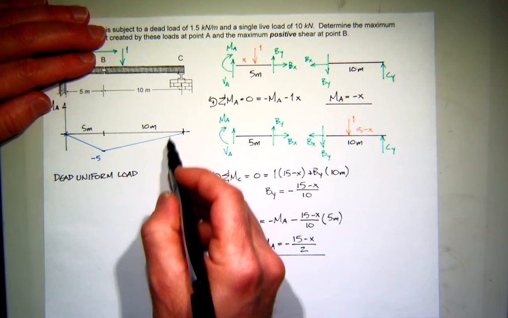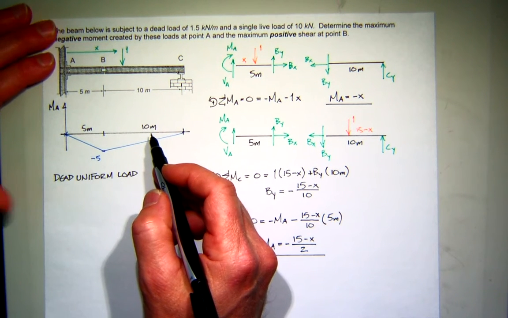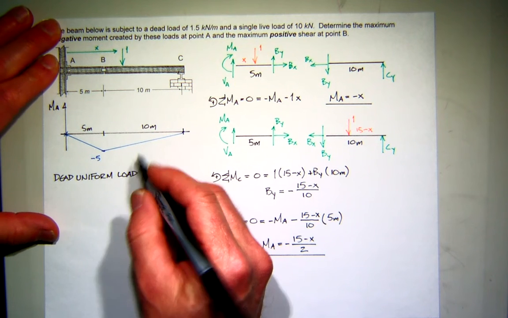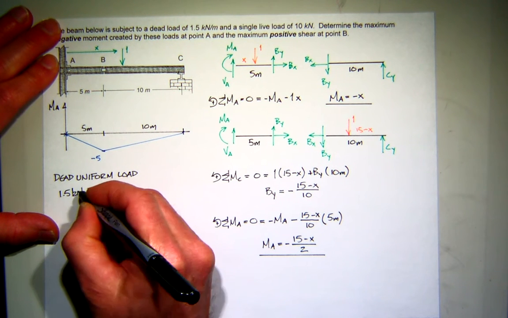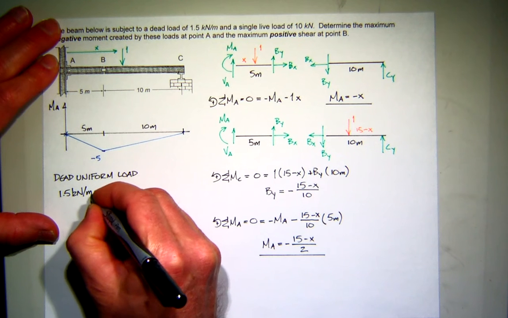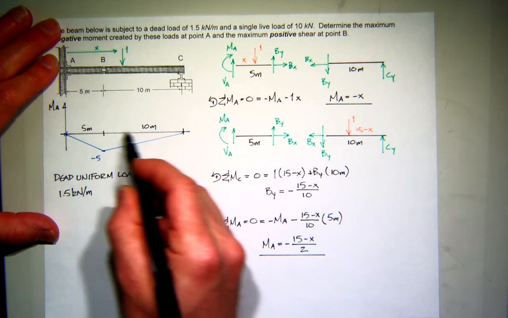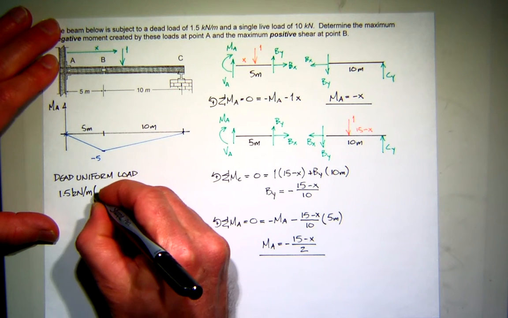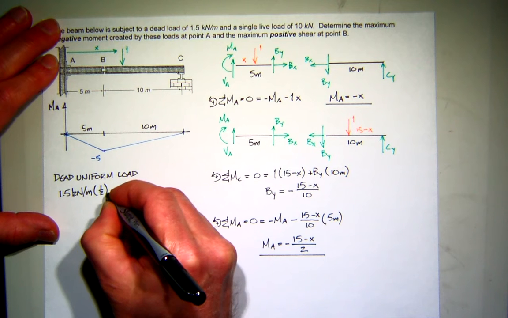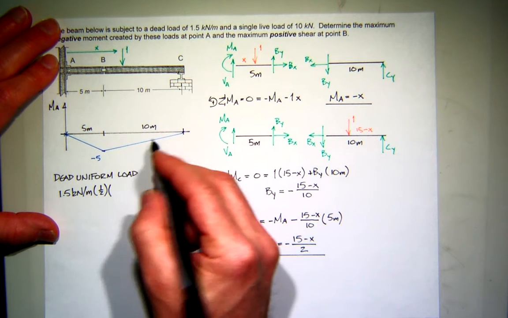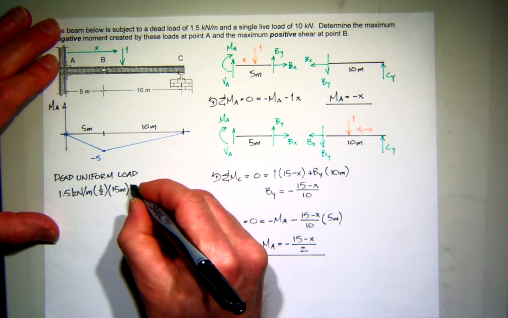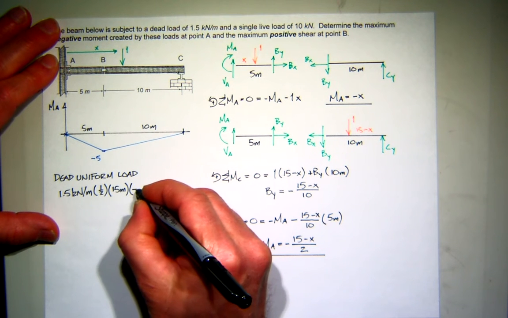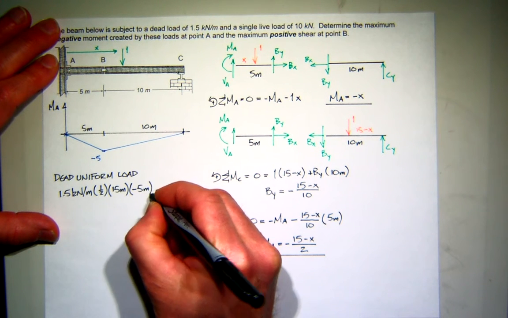Well, we take the area under the influence line times the value of the load. So the value of the load is 1.5 kilonewton per meter times the area of this. And that area is a triangle, so it's 1/2 the base. The base is 15 meters. And what's the height? -5 meters.